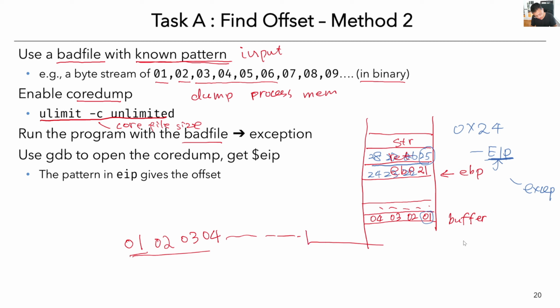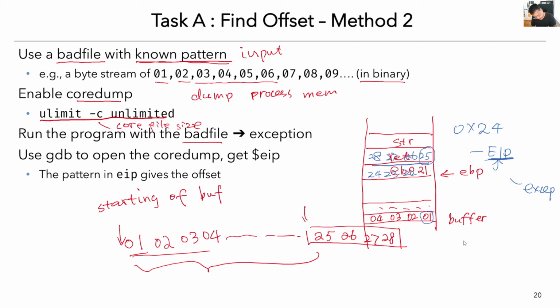Now we also know the return address. Here, in this case, it will be 25, 26, 27, 28. So we know the offset from the buffer. Here is the starting address of the buffer.